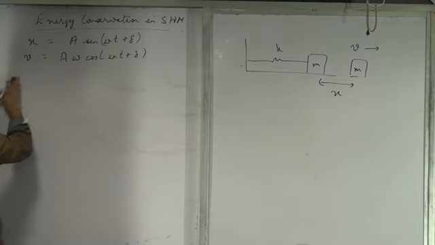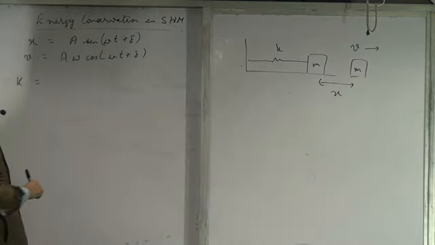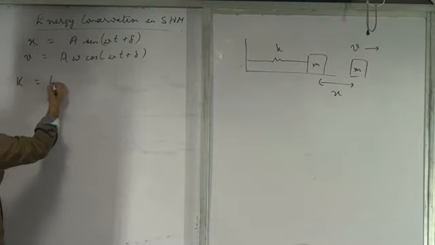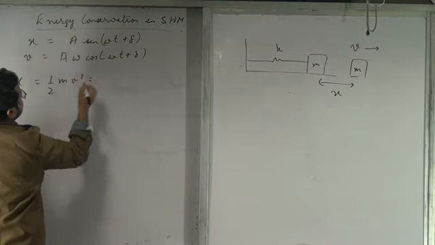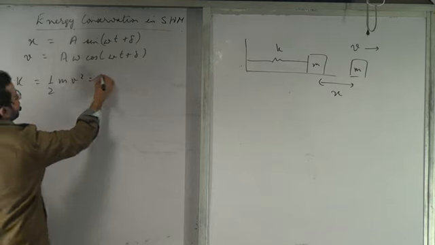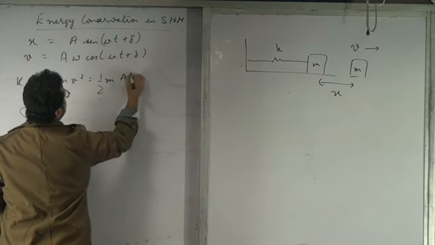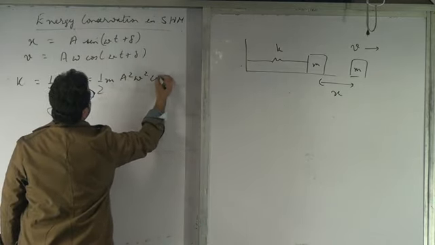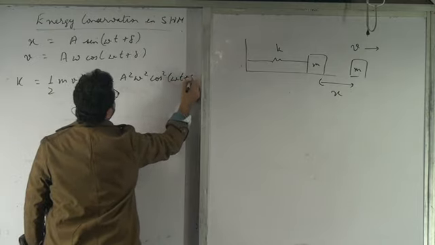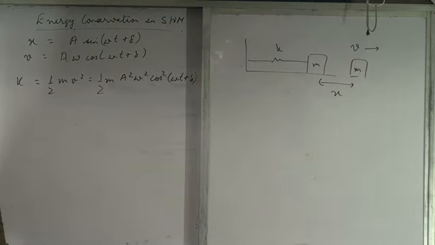Now what is the kinetic energy of the particle at an instant? The kinetic energy of the particle would be half mv square. So that is equal to half into m into a square omega square cos square of omega t plus delta. Is that correct?